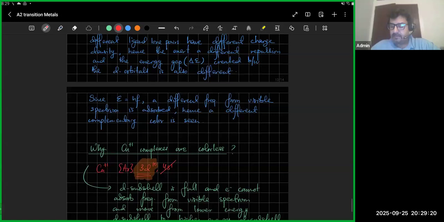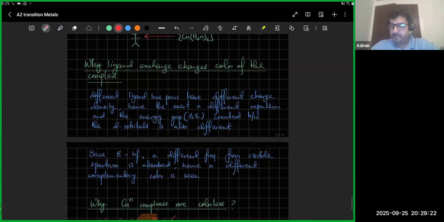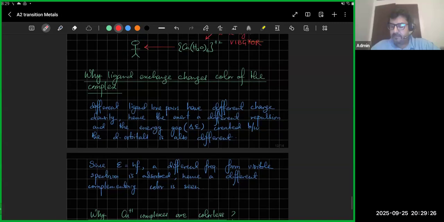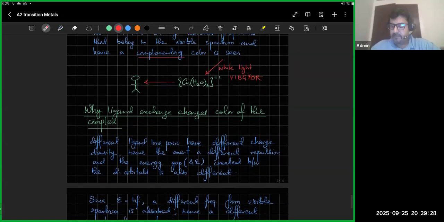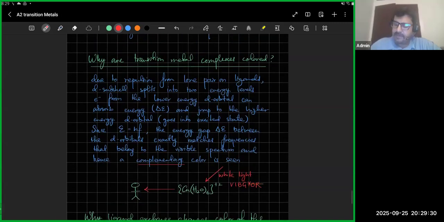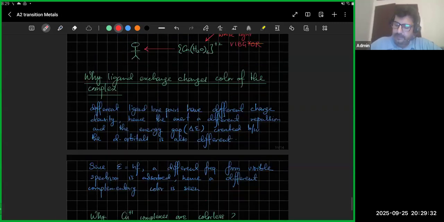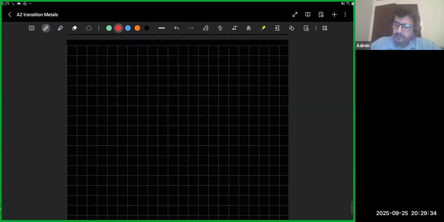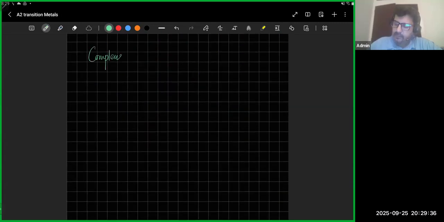Why is copper 1 not colored? Why do changing ligands change color? They'll ask about the complementary colors. They might ask you to predict what the color of a complex is based on what frequency it's absorbing.